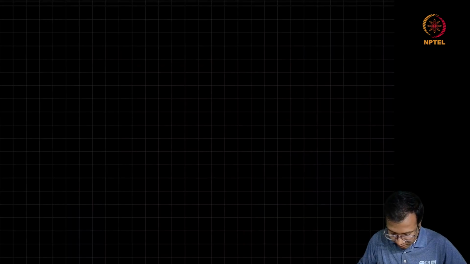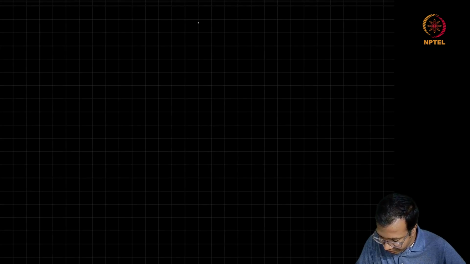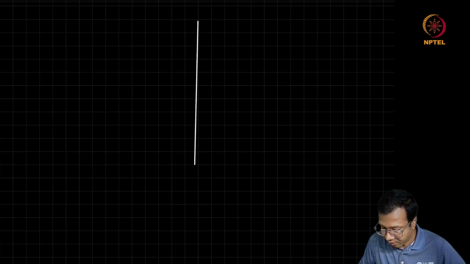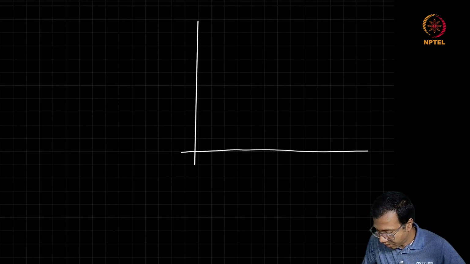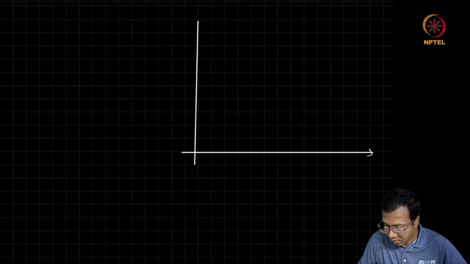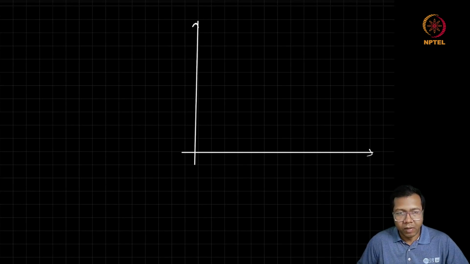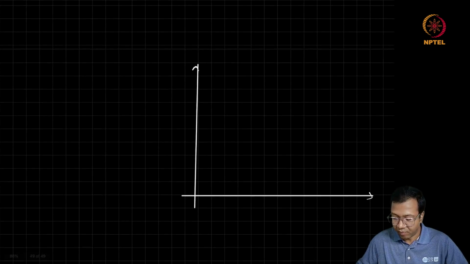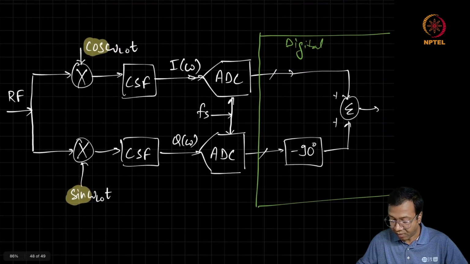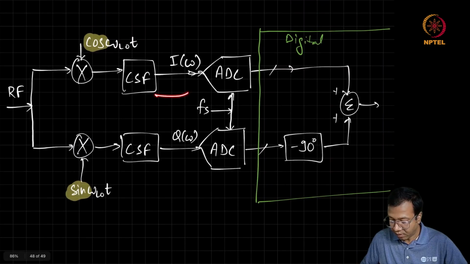So let us take a look at the image signal and its down converted component to get an idea if we can somehow simplify the requirement on the image rejection, because this matching of these two paths may not always be highly accurate.